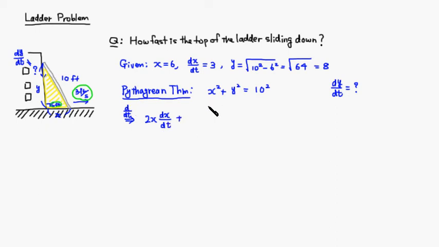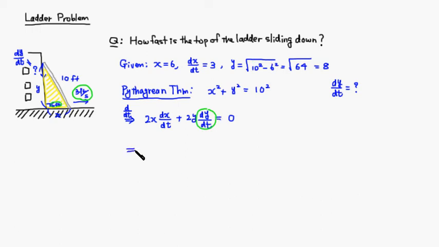Same thing with y squared, that's 2y times dy over dt. Then the derivative of 10 squared, or 100, is 0 since it's a constant. Since we are looking for dy over dt, which shows up right here, I'm going to isolate that.